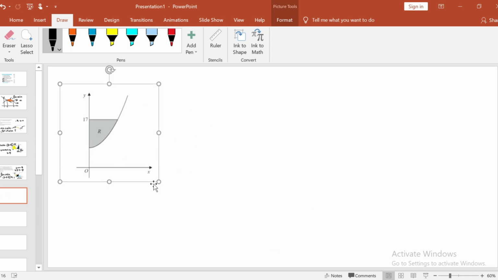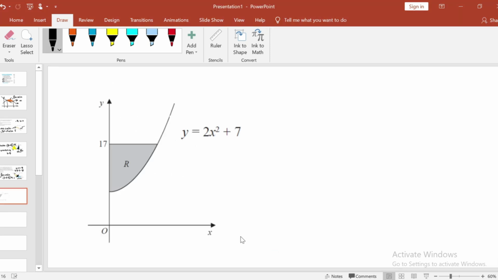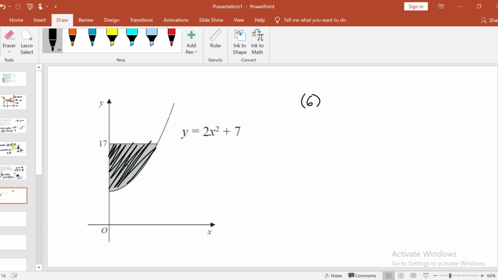You have this diagram and the function is given. The function is y equals 2x squared plus 7. And then they want you to find the area R. That's a 6-mark question. Can you try this? They want you to find this area.